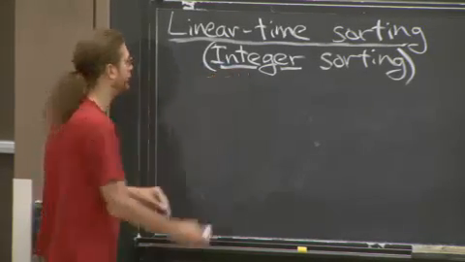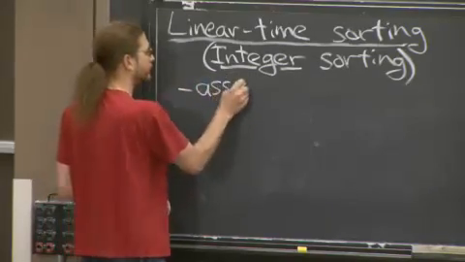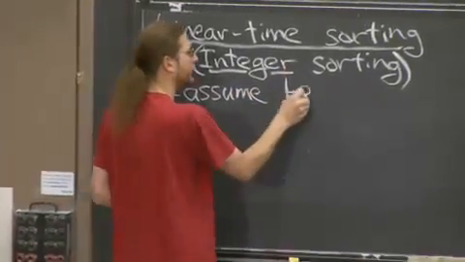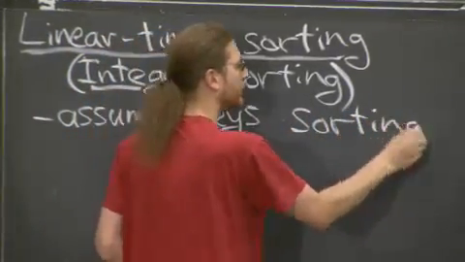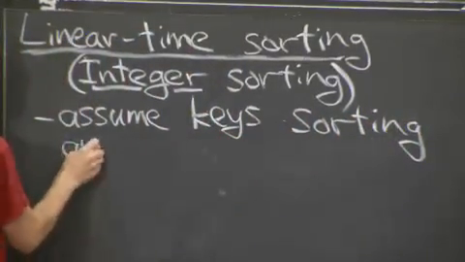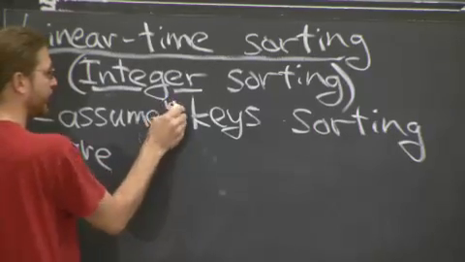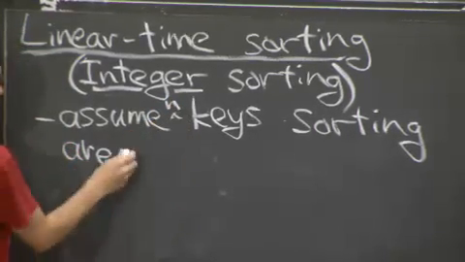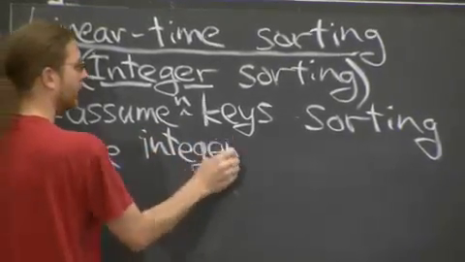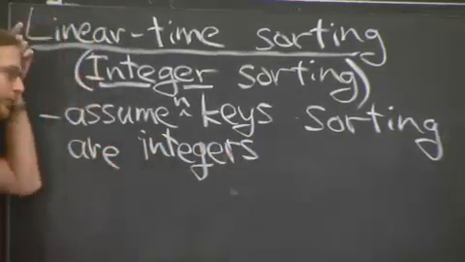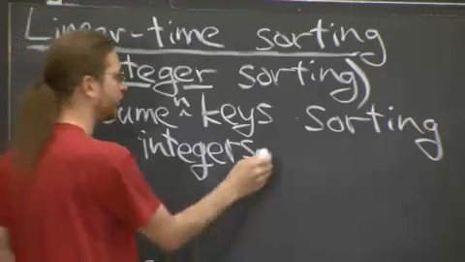This is an assumption. I'm going to be a little more precise. The keys you're sorting are integers. There's still a little n here. Remember, there's n keys. I'm also going to assume that they're in some range.